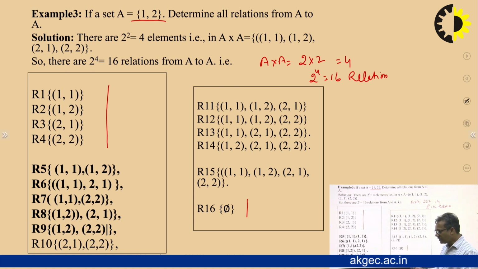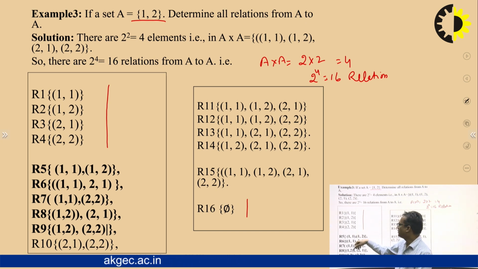If we imagine a relation having 2 ordered pairs, we can create it with these ordered pairs: (1, 1) (1, 2), (1, 1) (2, 1), (1, 1) (2, 2). So 3 will be created from this.